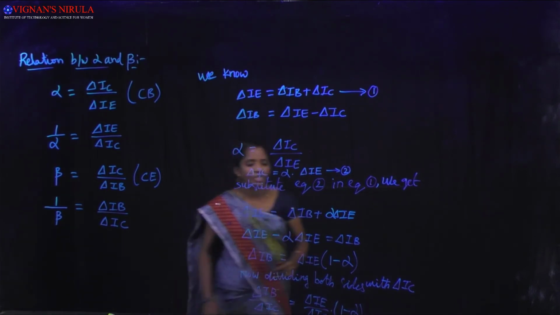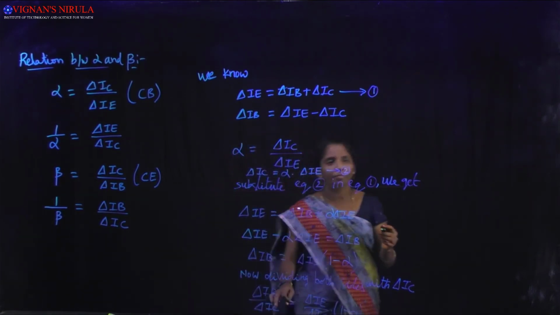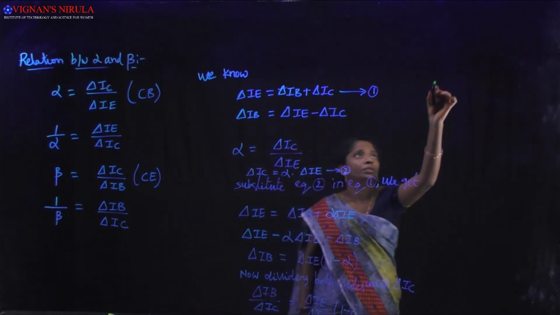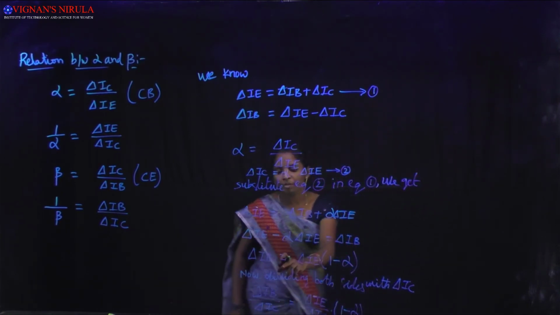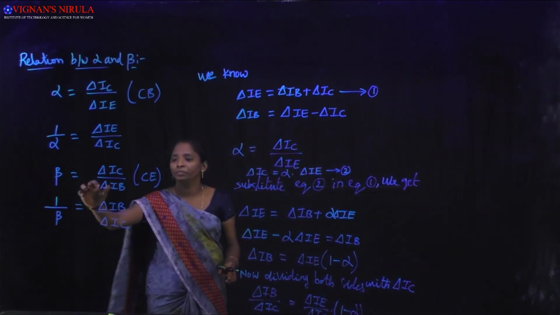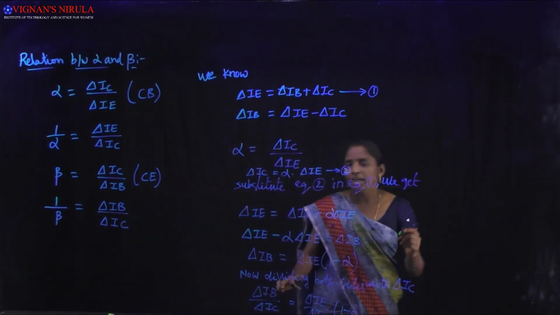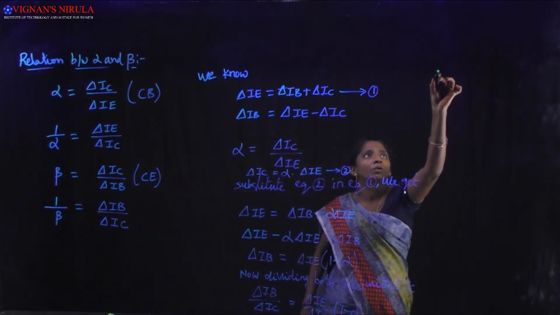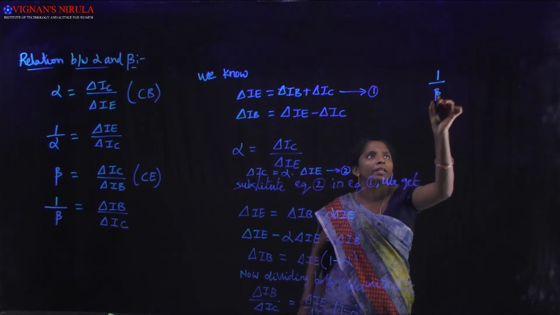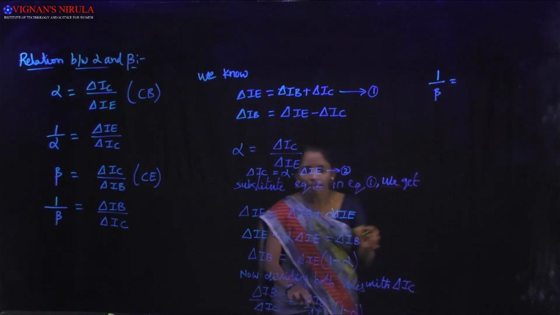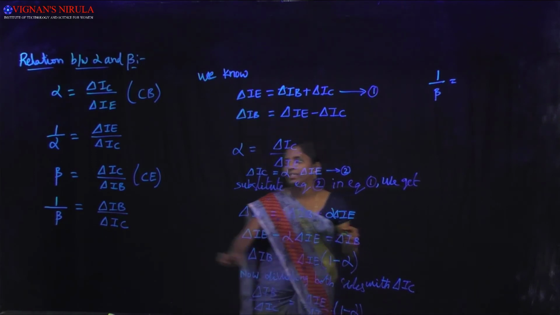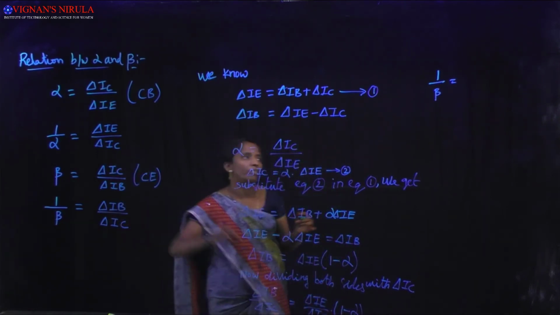We have delta IB by delta IC equal to 1 by beta, and delta IE by delta IC equal to 1 by alpha.